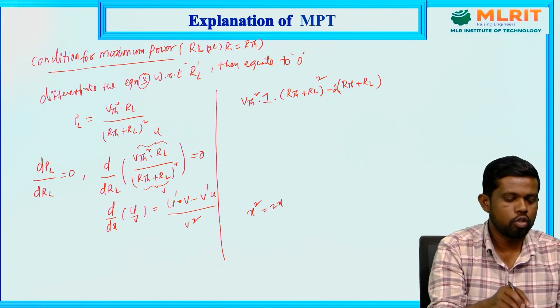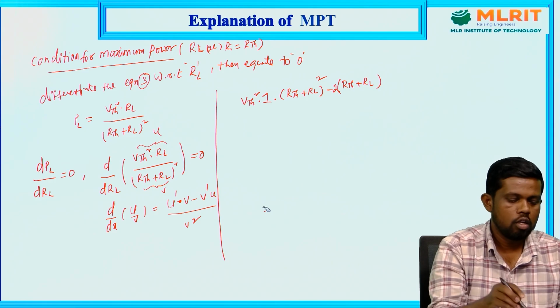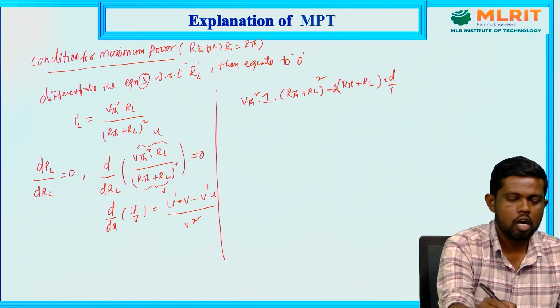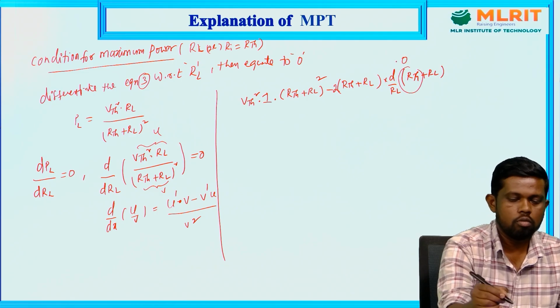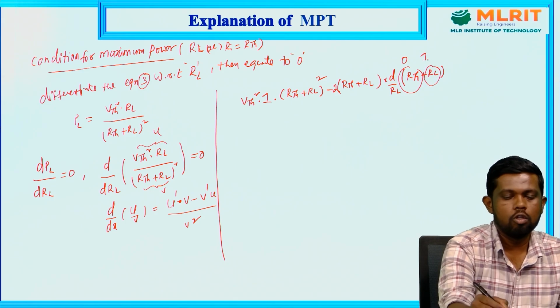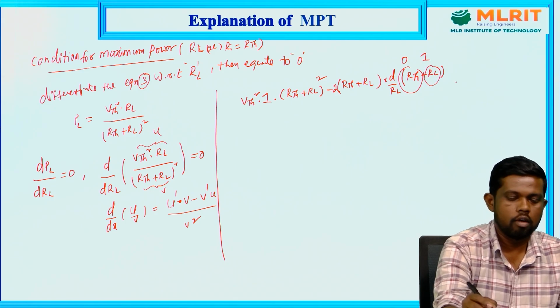That is the V dash, into d by dRL of RTH plus RL. For this term, RTH, we will get 0 because it is a constant, and for RL we will get 1. So we will get only 1.